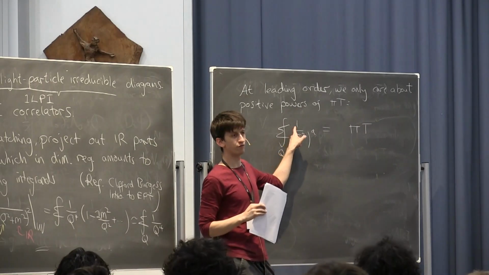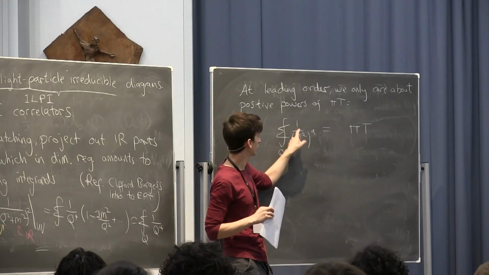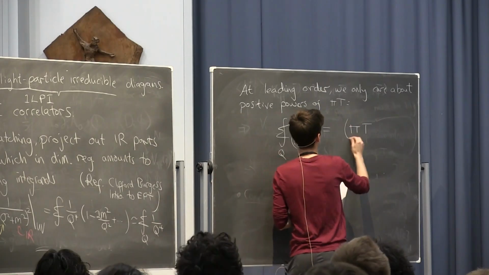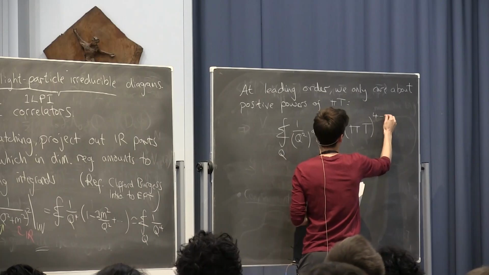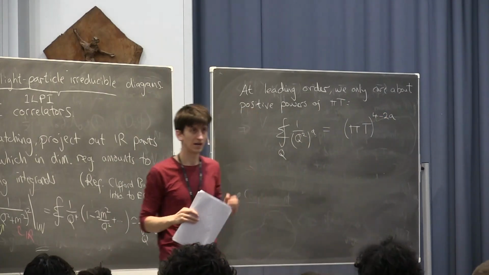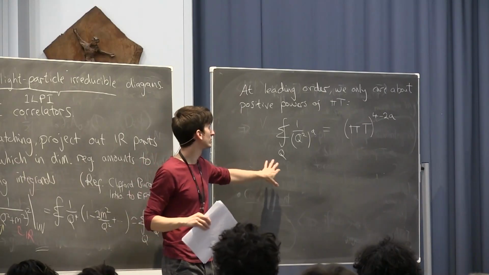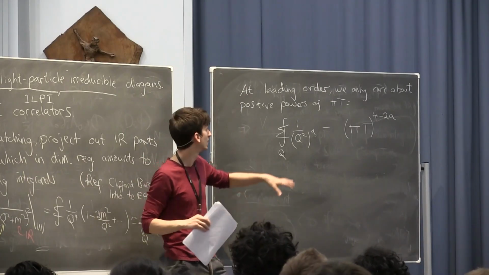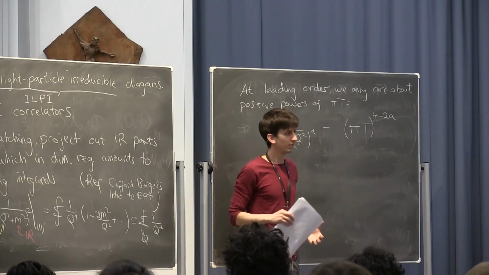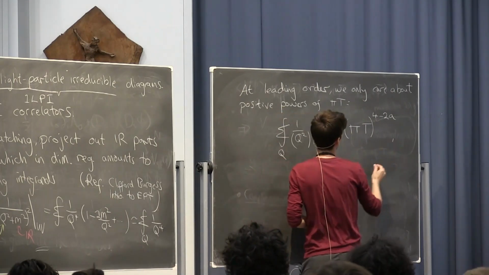Now we have 4 powers of momentum on the top, and we have 2a on the bottom. So this is 4 minus 2a. And if I only care about the integrals which are going to give me positive powers of this energy, and so enhanced stuff, I only care about integrals where a is 1.